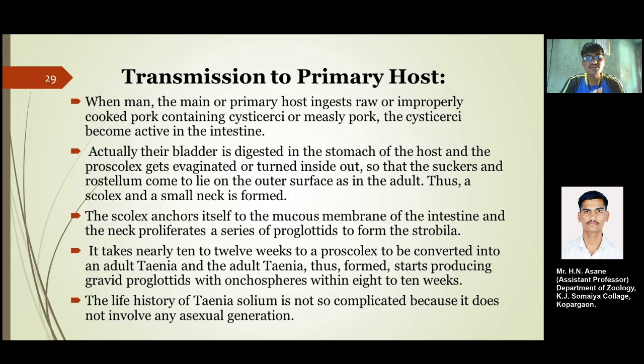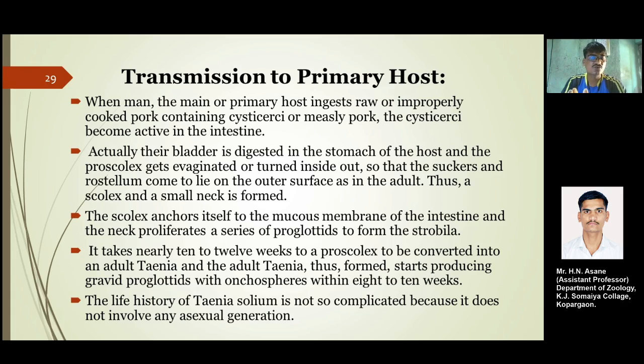the proscolex gets evaginated, or turned inside out. Turning inside out means it changes its position. If it had the position upward, it turns inside down. After that the neck turns inside down, and the rostellum comes to the surface in the intestine of the adult.